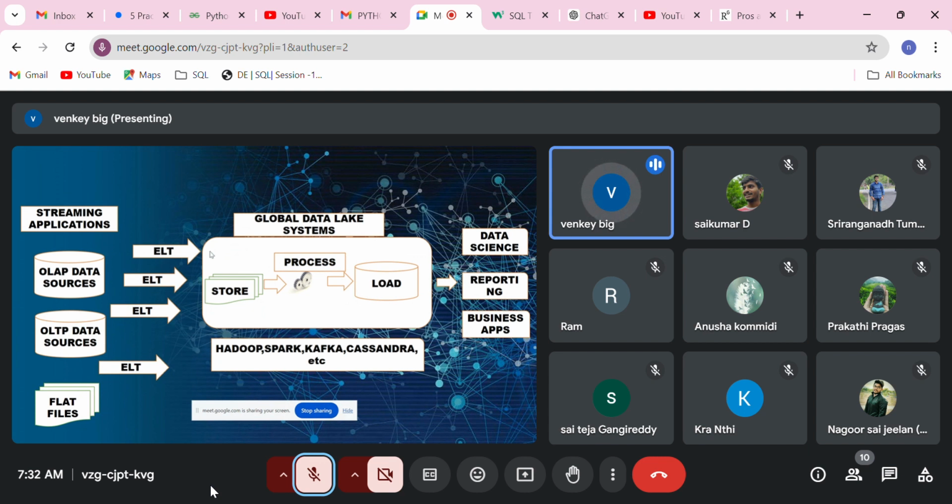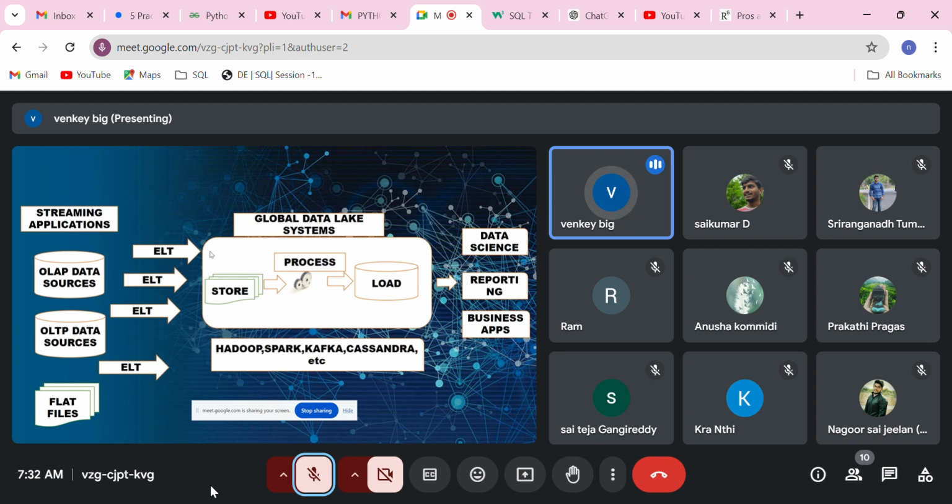Your Oracle, Teradata, or SAP HANA data warehouse systems are capable of storing only certain volumes and certain types of data, and processing data at certain speeds only. They are limited.